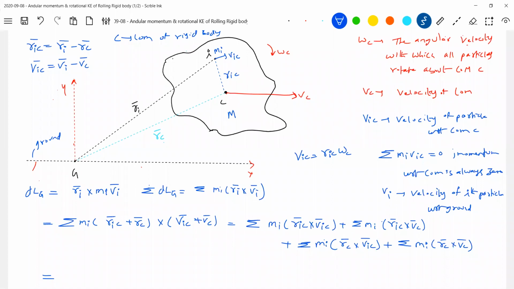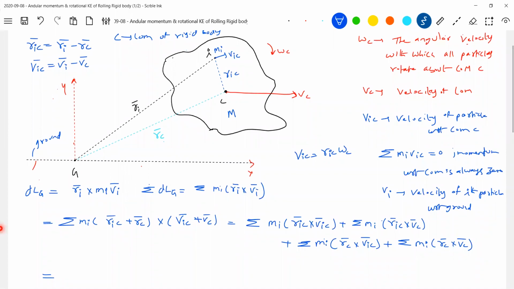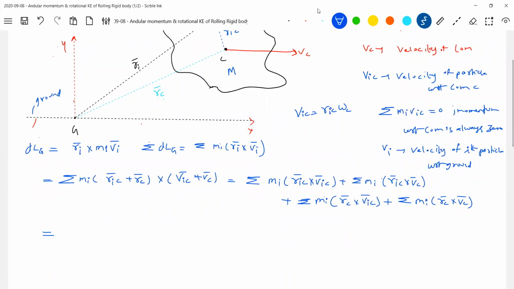What is the linear velocity of the particle with respect to center? We write it like this. So RIC and VIC are perpendicular. What is the angle between VIC and RIC? It must be perpendicular. So therefore, the first expression after expansion, VIC will become RIC omega c.